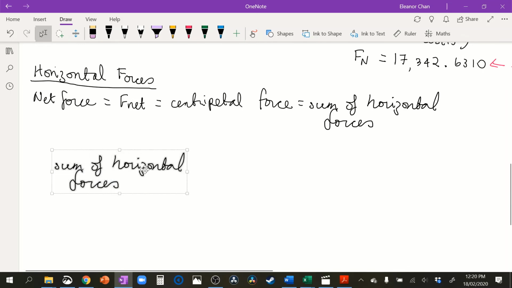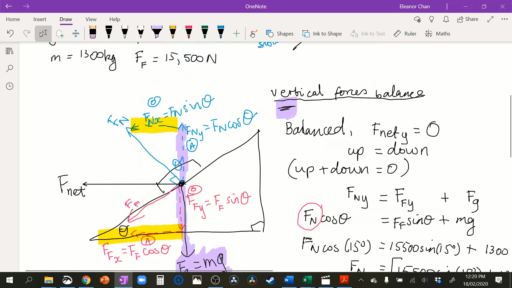Our sum of horizontal forces is equal to F net. Now, I'm going to scroll up to our diagram so we can see it again. In terms of our horizontal forces, I've highlighted them in yellow, the ugliest yellow I've ever seen, but that's what I've got. It'll be the horizontal component of the normal force plus the horizontal component of the friction force that we need. That's giving us our resultant centripetal force here.